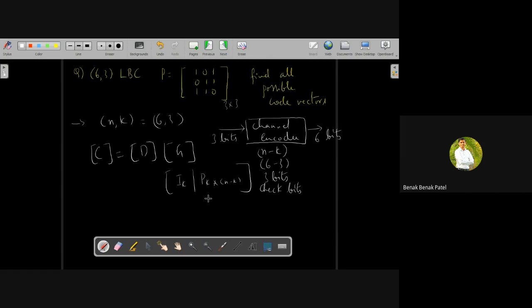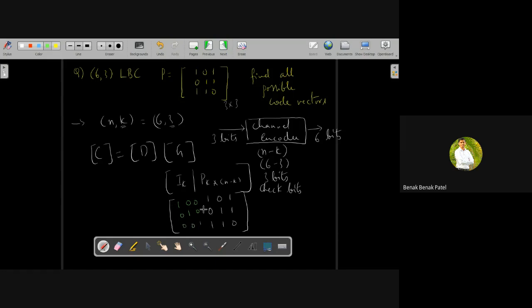In fact, I can bring in this parity matrix here itself. But in order to get the generator matrix, what should I be doing? I should also write the identity matrix part. Do I know the value of k here? The value of k is 3. So all I have to do is draw an identity matrix of size 3 cross 3, or I3.